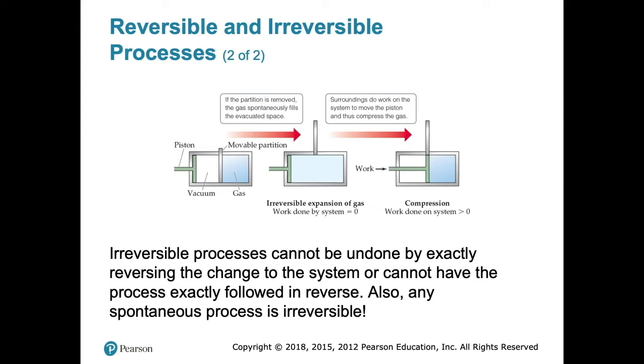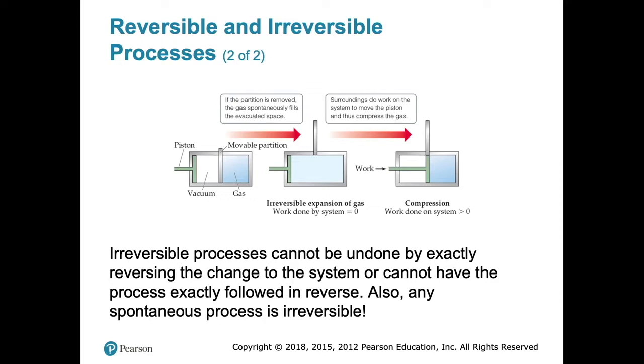That makes sense, right? Because there's a vacuum over here, and if you pull that partition out, then the gas fills the space because gases fill the volume that they're in, especially if there's a vacuum, it sucks it into the space. And so now the gas has expanded into the space, okay?